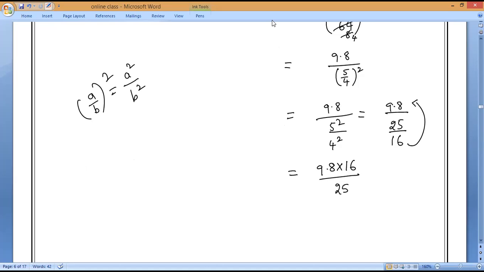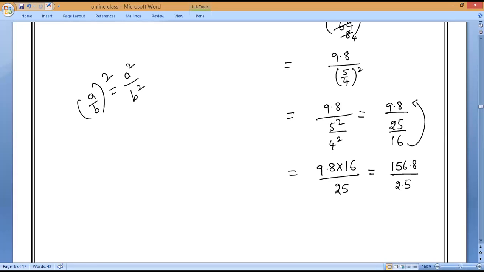All of you do this one. I'm giving 1 minute. Let me see who will say first. Divya, open your mouth and tell me, have you understood this question or not? Now, 9.8 into 16, how much? 156.8 divided by 25.